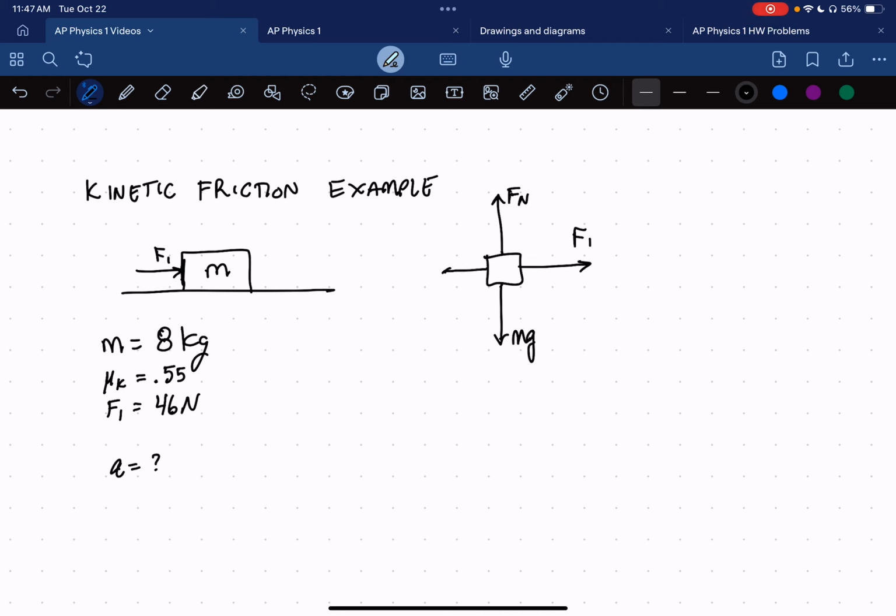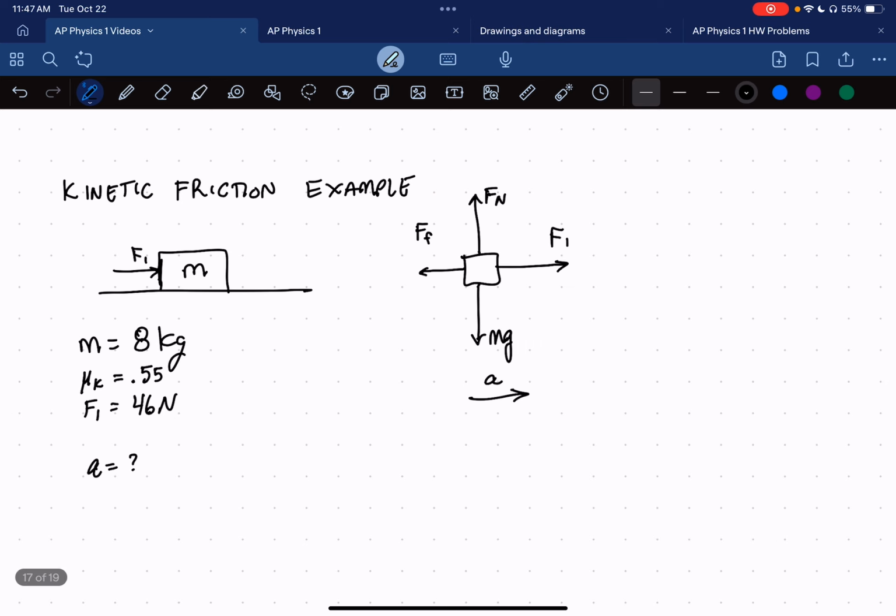We are going to say that there is friction here, maybe make it a little bit smaller, and we'll say F. So if it's going to accelerate, it's going to be in this direction. And so we will use Newton's second law. We only want the forces that have anything to do with this acceleration.